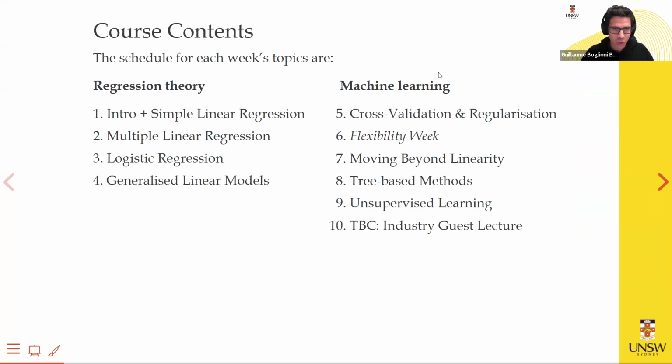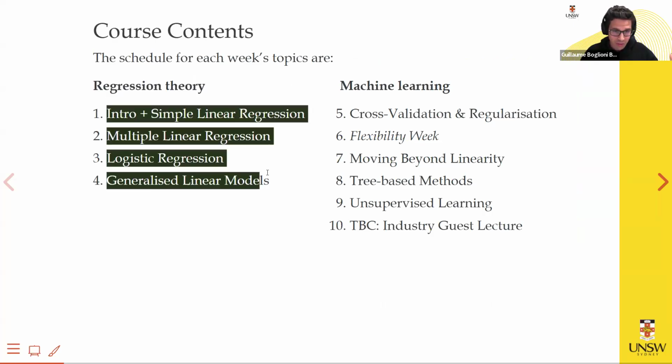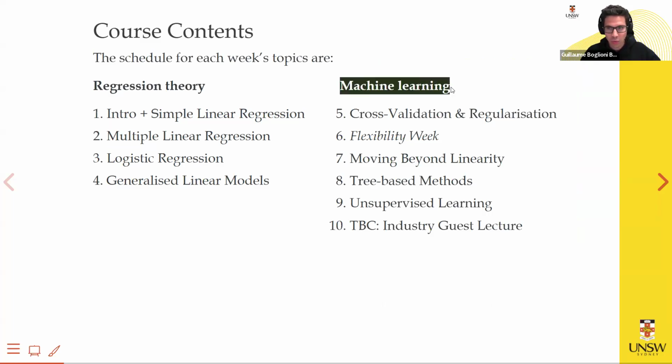So the course contents and structure here, we split them into two parts. So what is called here regression theory, and we'll spend 4 weeks on this, and then what is called here machine learning. So those first 4 weeks are, I would say, fundamental or foundational. I would not call them machine learning.